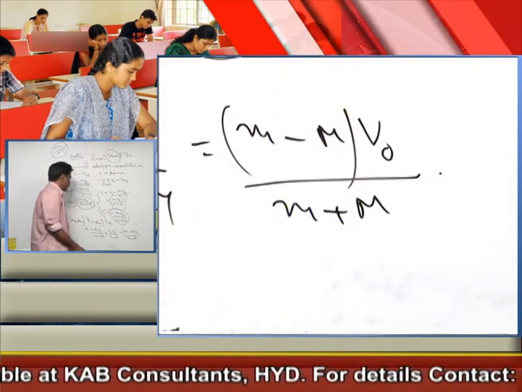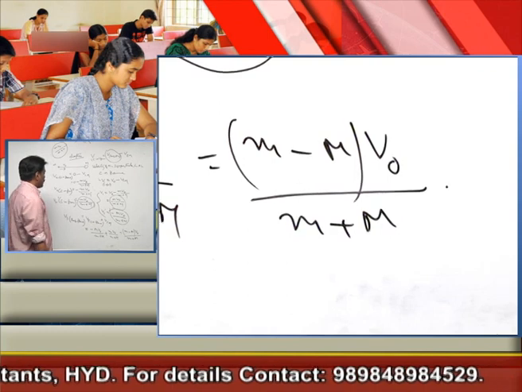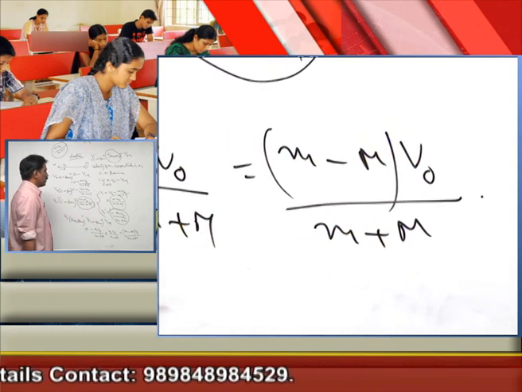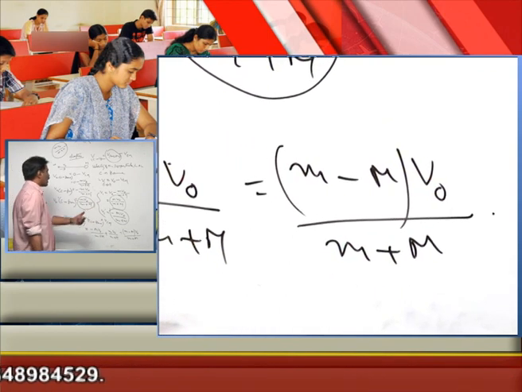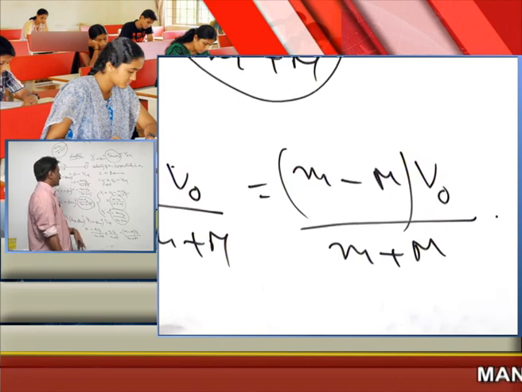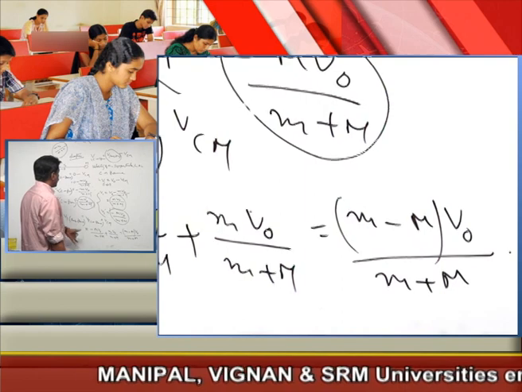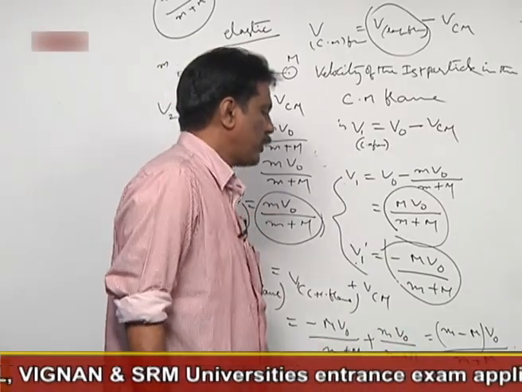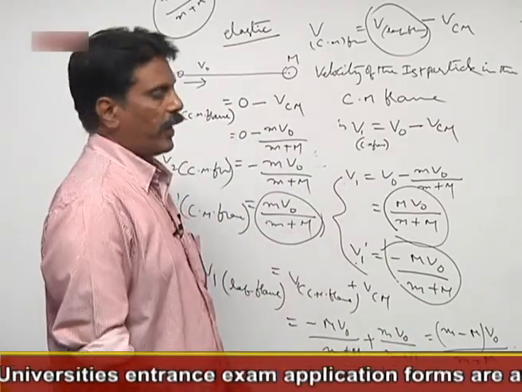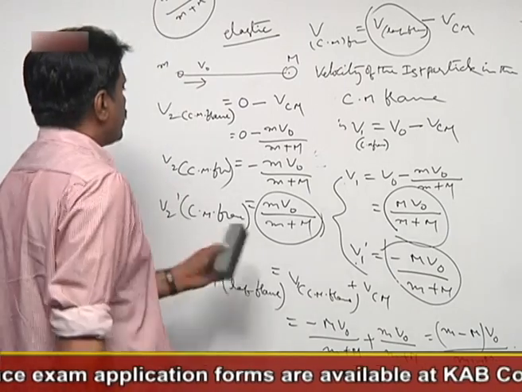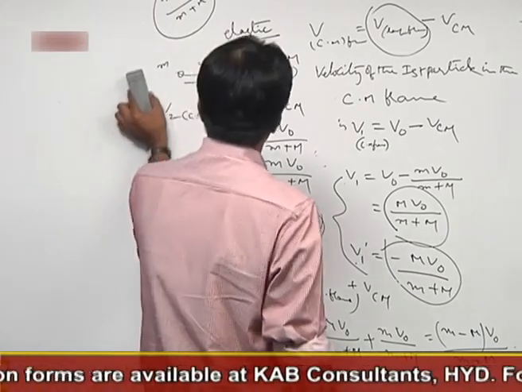This is the final velocity of the first particle in the normal frame, or with reference to earth, or commonly we can call it the final velocity of the first particle after the collision. Now, for the second particle, let us see what happens.